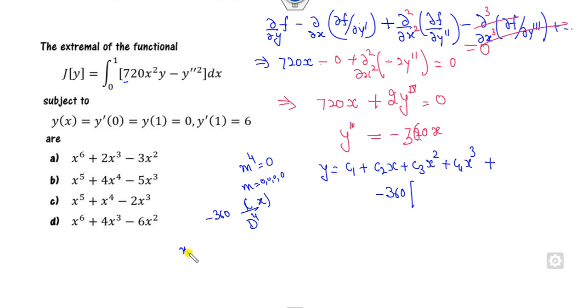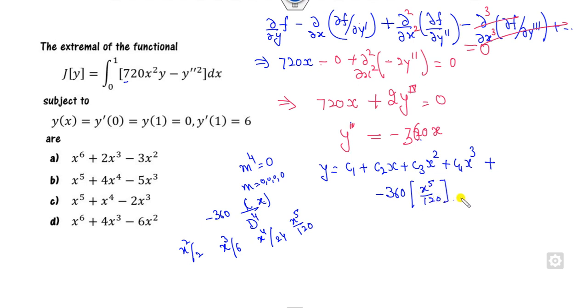First integration will be x square by 2. Second integration will be x cube by 6. Third integration will be x4 by 24. Last integration will be x5 by 120. Fine. This is a simple integration of x5. First integration is x square by 2, second is x cube by 6 and so on. So it will be x5 over 120.